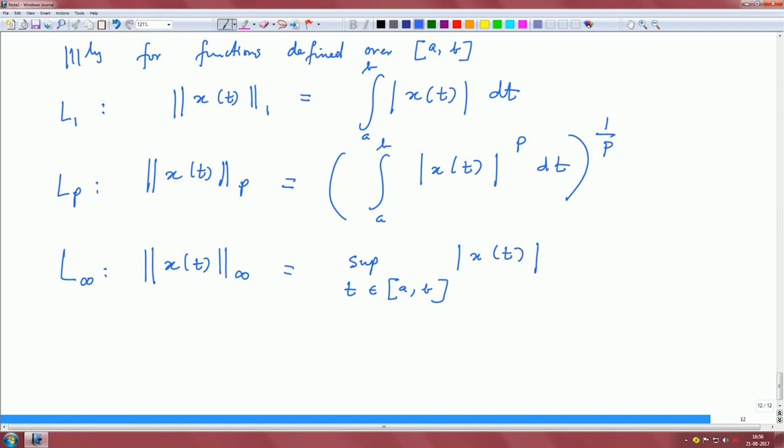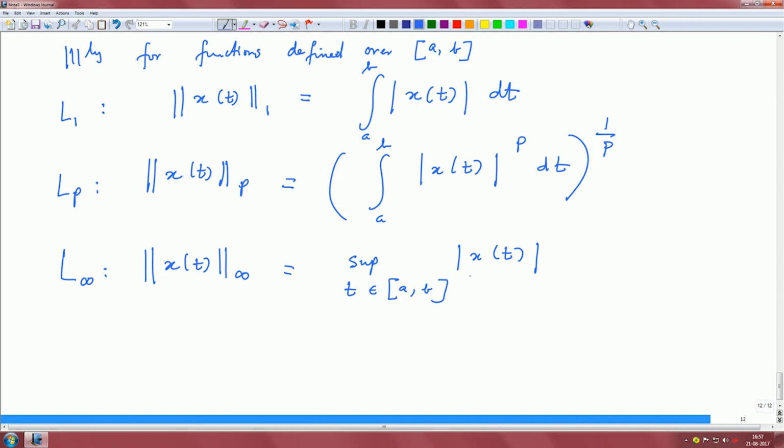It is the supremum of the absolute value of x(t) over this interval a to b. You might not exactly get the maximum value, and therefore you have a supremum, because it is the tightest upper bound that you can get for this quantity.